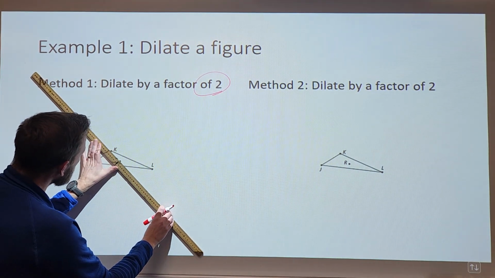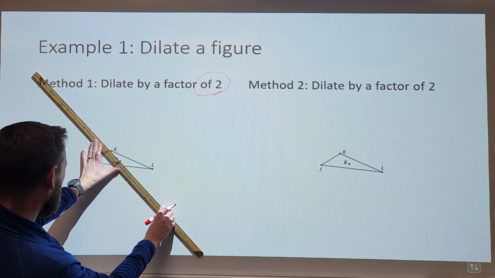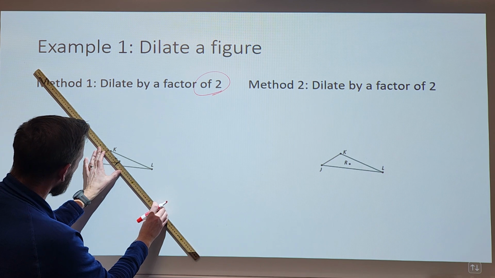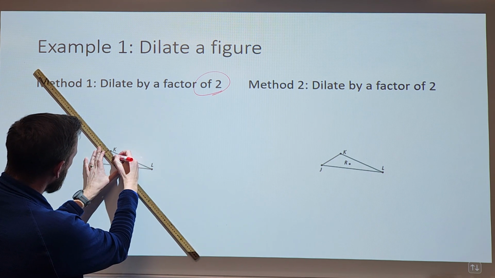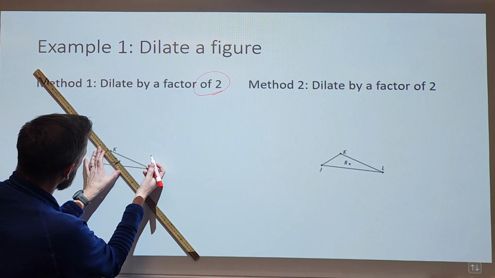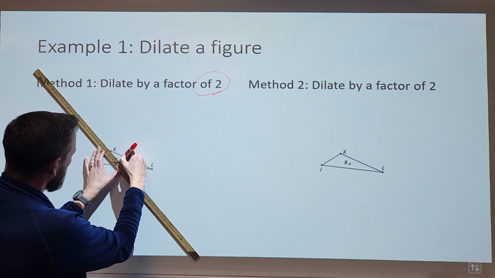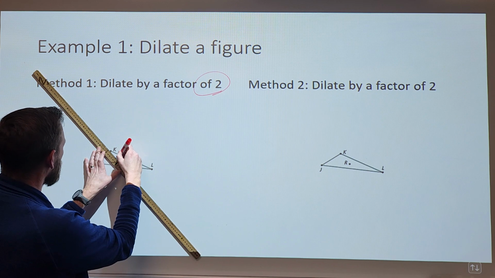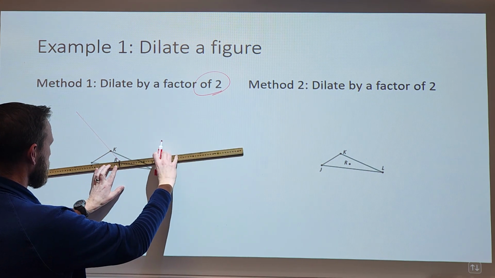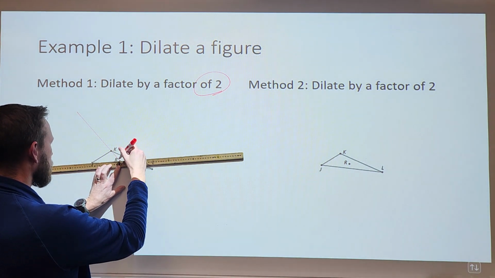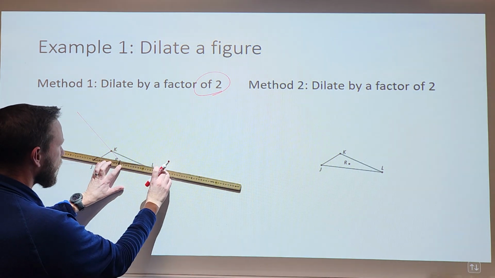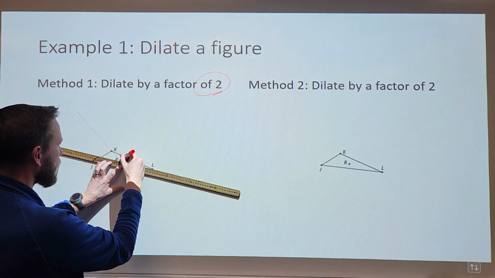But for me, my measurement here, and let me do a better job here, this is 1, 2, 3, 4, 5 and a half centimeters from this point of dilation, from the center of dilation. I'm going to draw these rays through each of these vertices to the center of that dot and beyond.